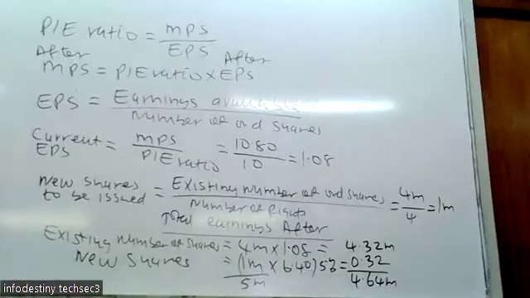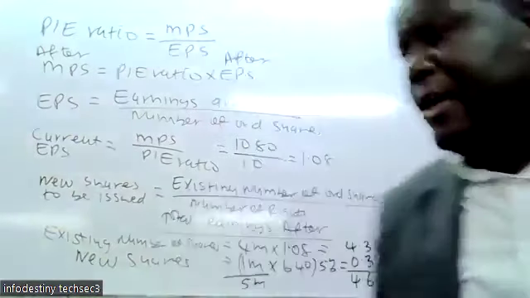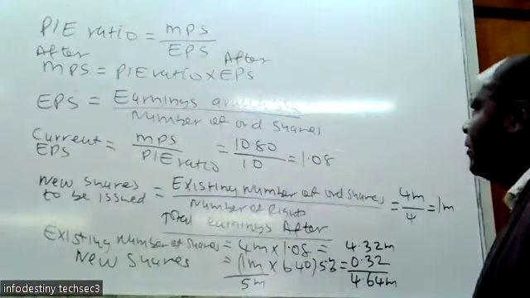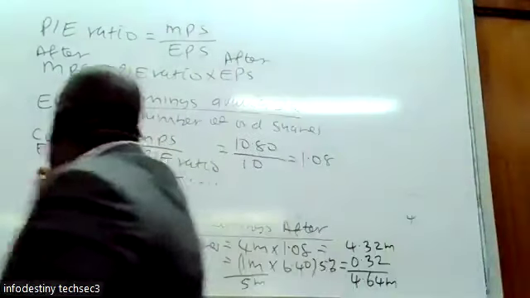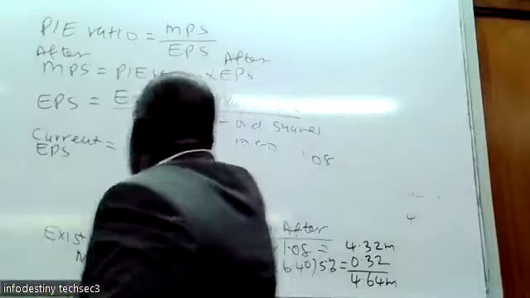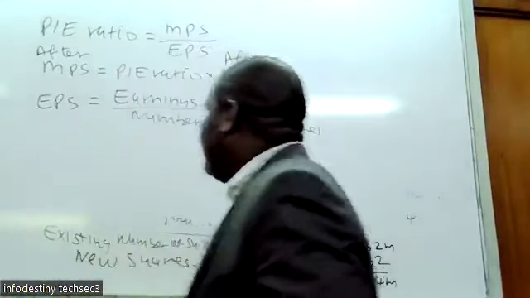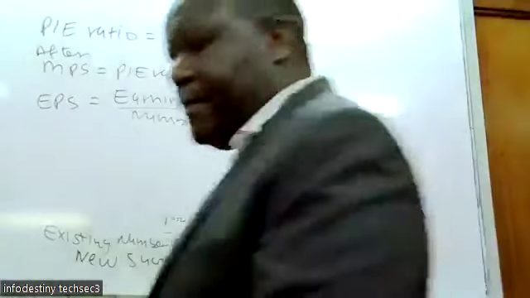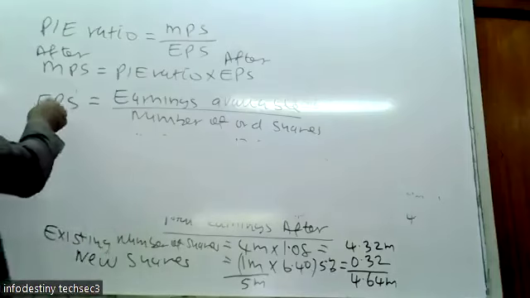So once we have done that, now we come to get the earning after. So the after right issue earning per share. We are on this particular region.